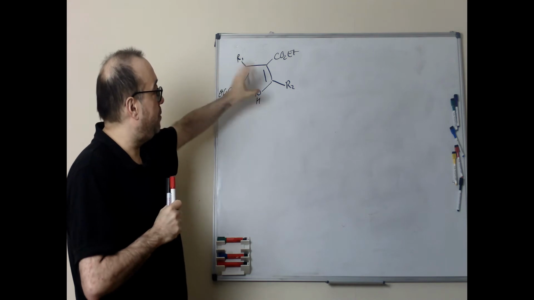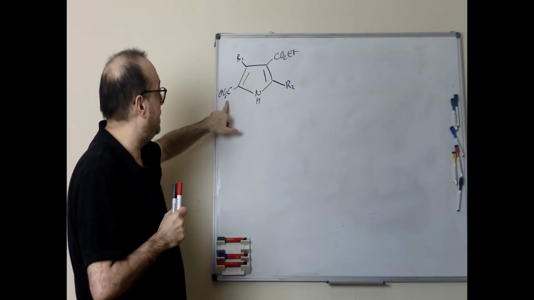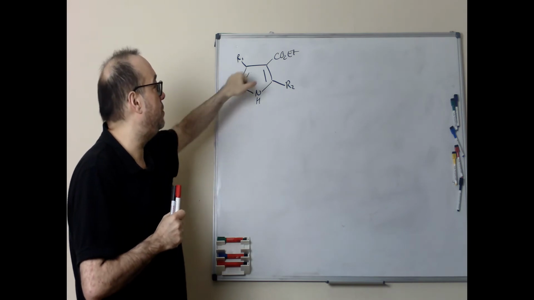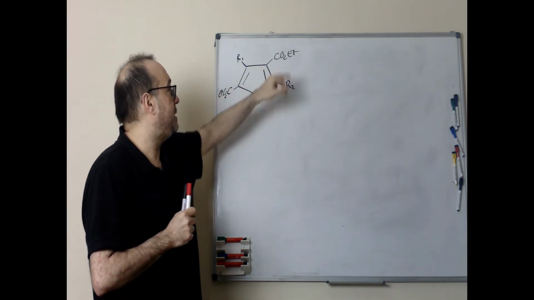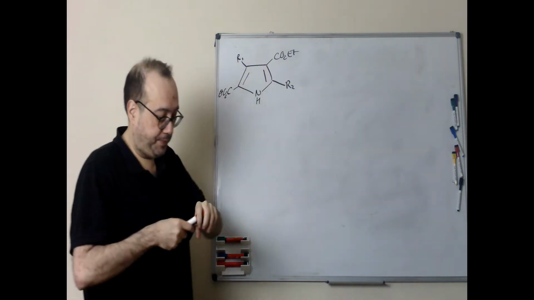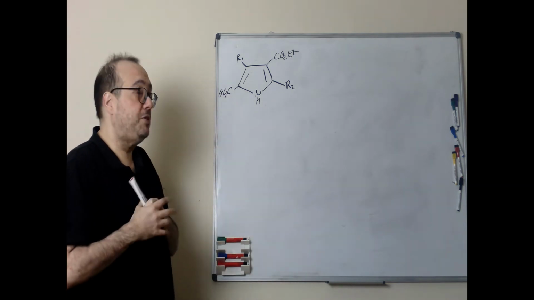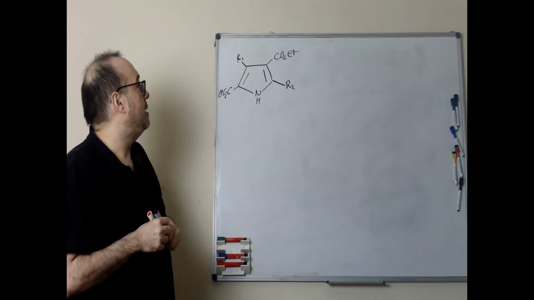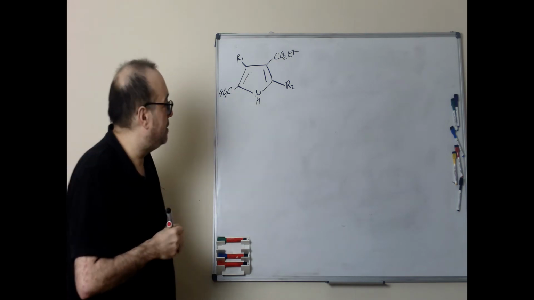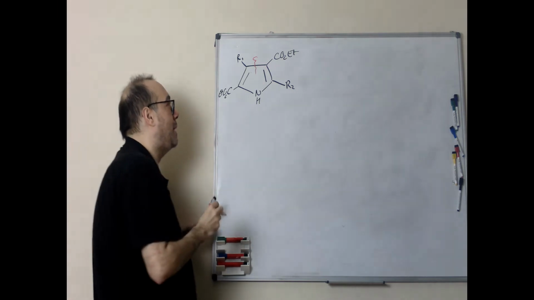But here we will talk about when we have an ester in this position and in this position, I mean in the C2 and C4 positions. Here and here. If we do a retrosynthesis, this time in step 2, breaking here, we can see that we can break this carbon-carbon bond.